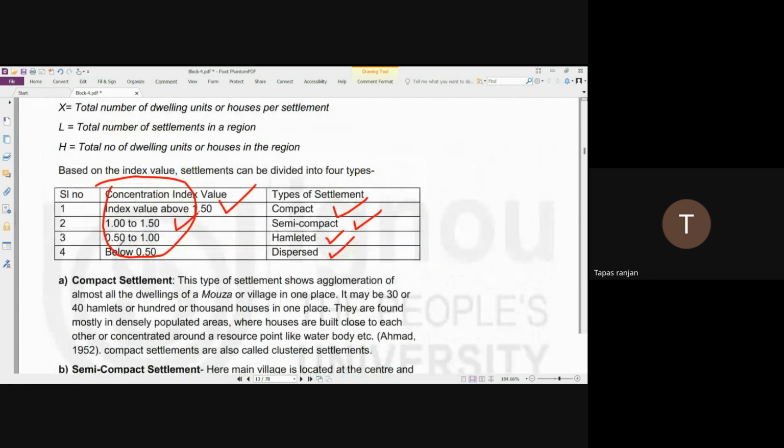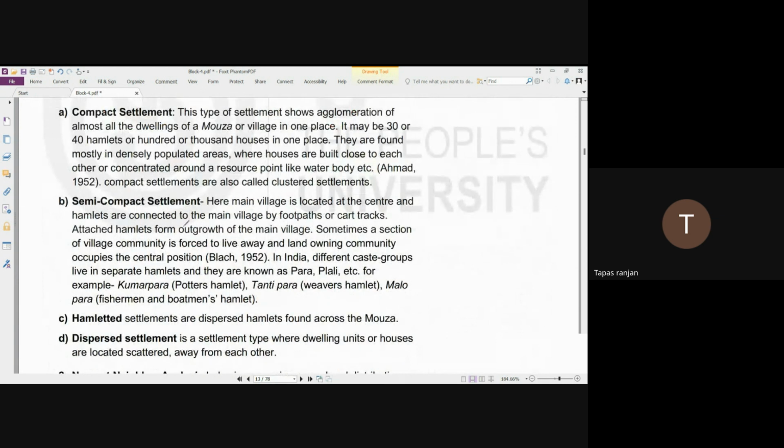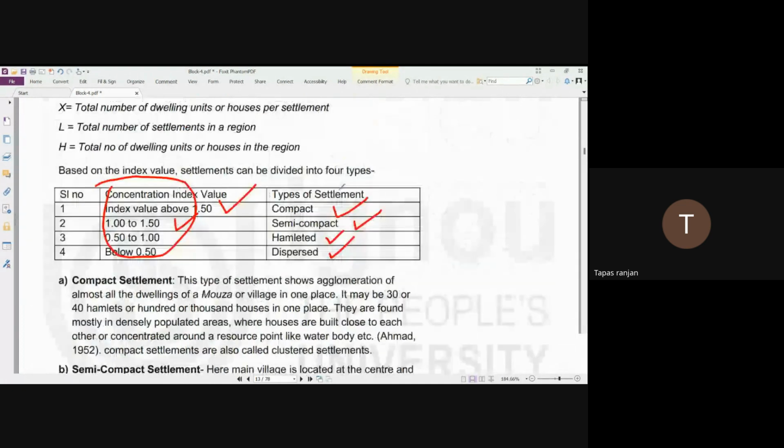So these are the different discussions based on compact settlement, semi-compact settlement, hamleted and dispersed settlements. This type of settlement shows agglomeration of almost all the dwellings in one place. What does that really mean? Within that village, you will see the houses are closely spaced.